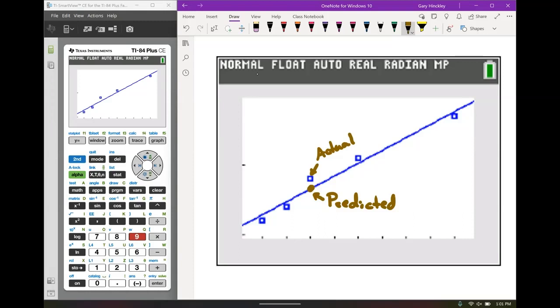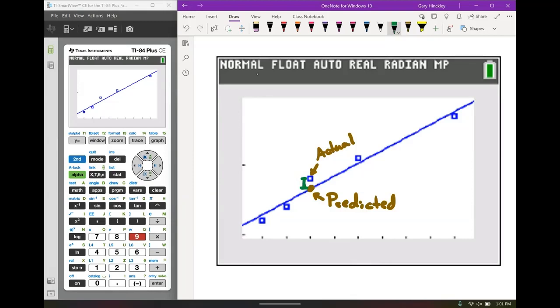Our model is a good model. It's pretty close to them, and it runs through and follows their path, but normally they're not going to be on the model itself. So the residual is the difference between the actual and the predicted value.